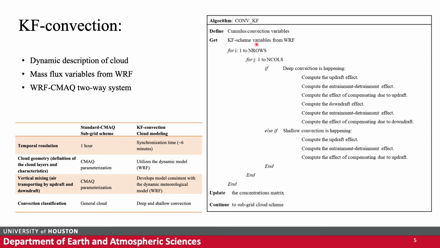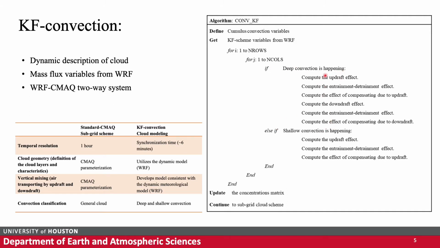The general structure of the algorithm is like this. First, we define all the cumulus convection variables. We get these variables from WRF, and for all the simulation grid points, we check whether deep convection or shallow convection is happening.